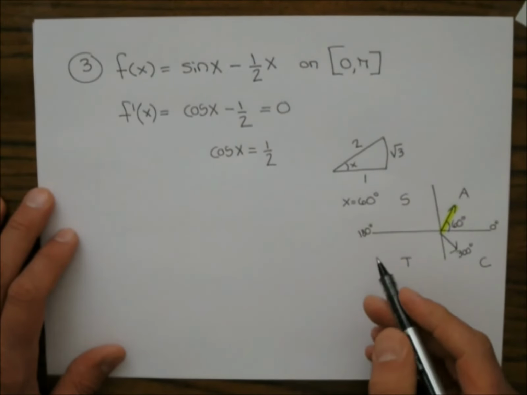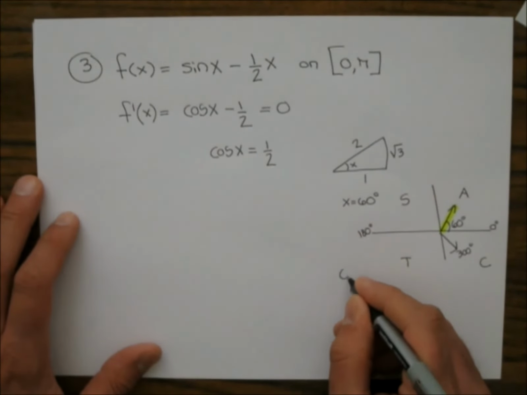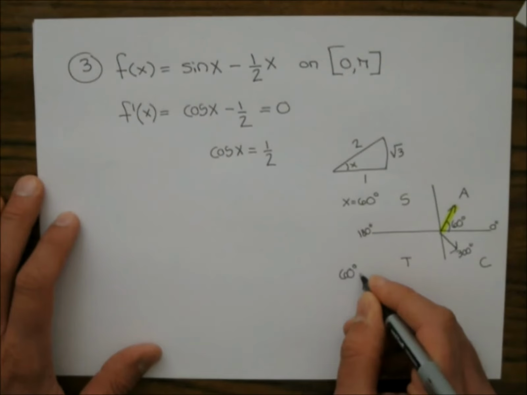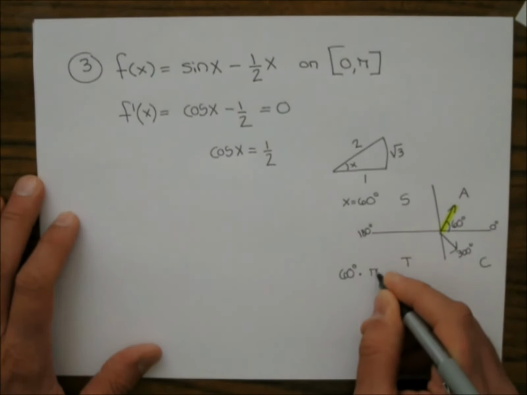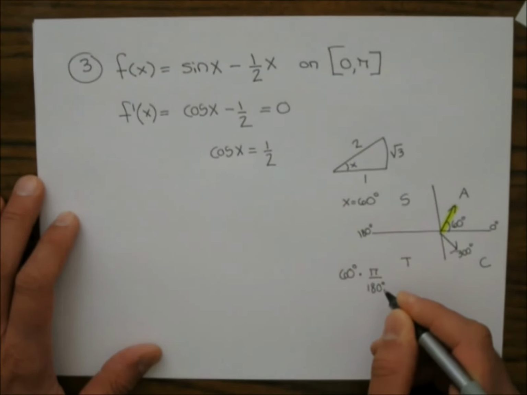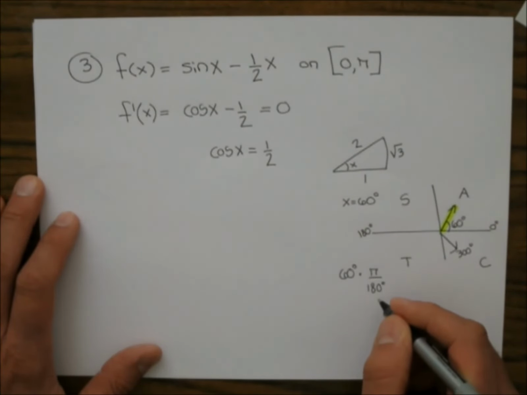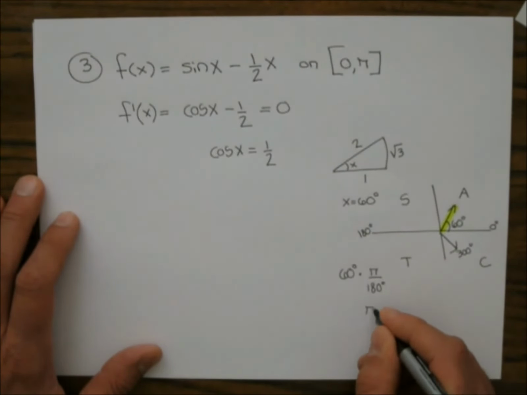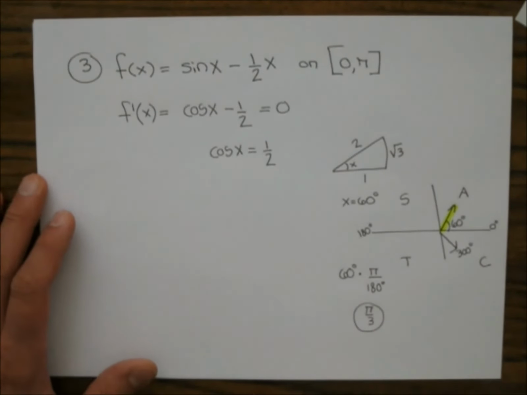I'm going to change things to radians, so remember how to change this to radians. I know some of you would just use your calculator, and maybe that's all right. Pi over 180, and so that's 6 over 18, which is 1 over 3, so this is pi thirds. A lot of you may have already just memorized that.